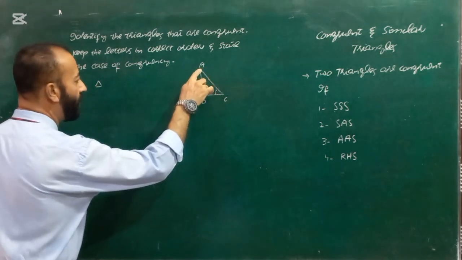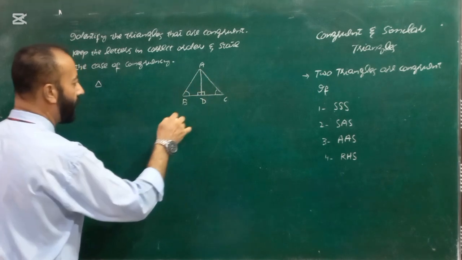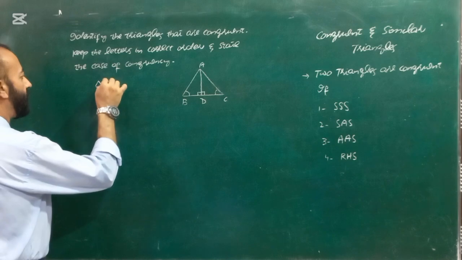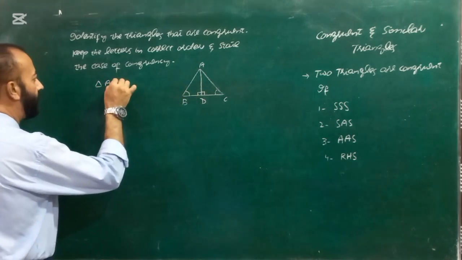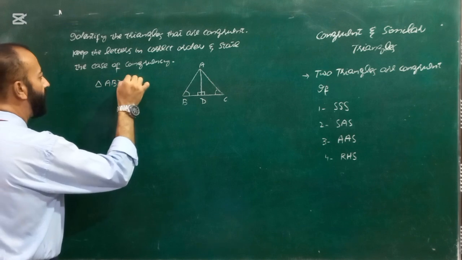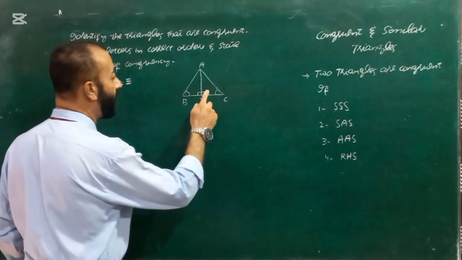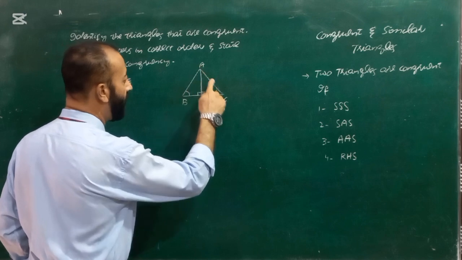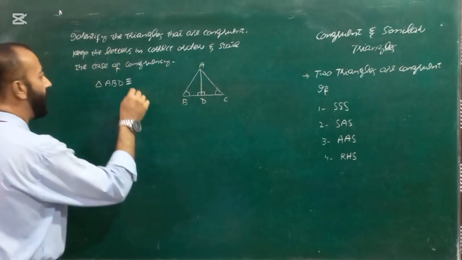We are moving from vertex to the angle and then to the right angle. So ABC, sorry, ABD will be congruent to... keeping the order the same in the other triangle also, we are moving from vertex to the angle and then to the right angle. So ACD.